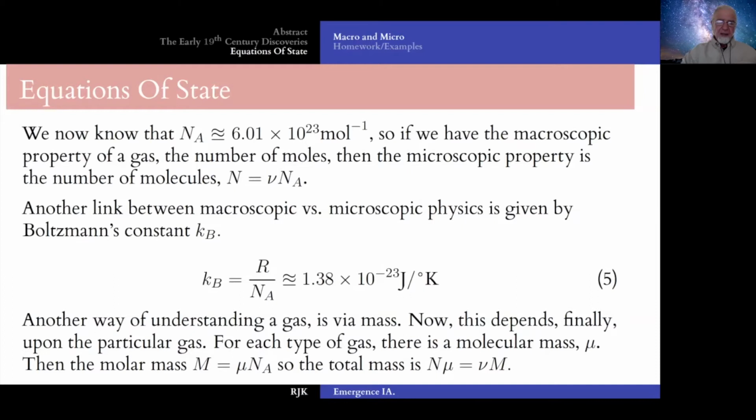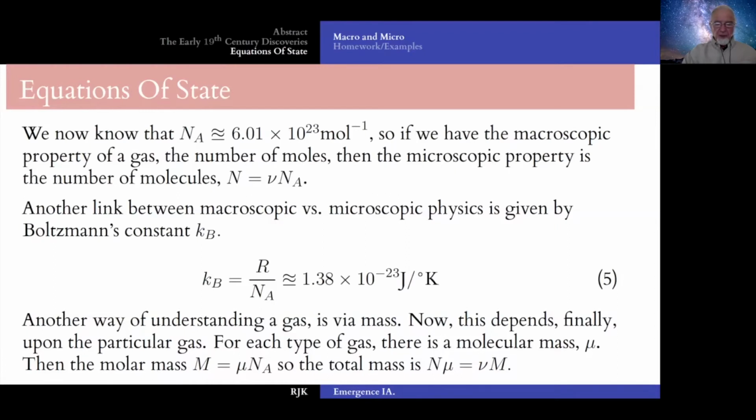So a billion billion, well, a trillion is 12 zeros, and a trillion trillion would give you 24 zeros. So this is almost a trillion trillion as the number of molecules in a mole of gas.